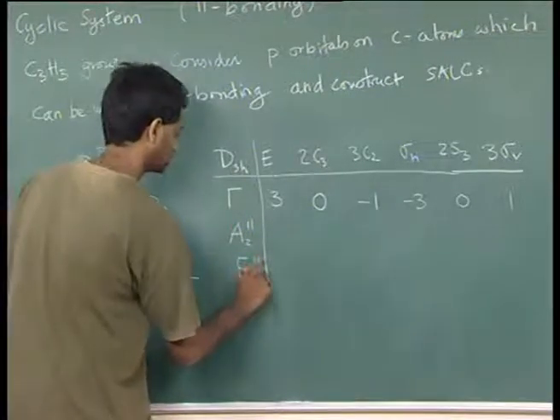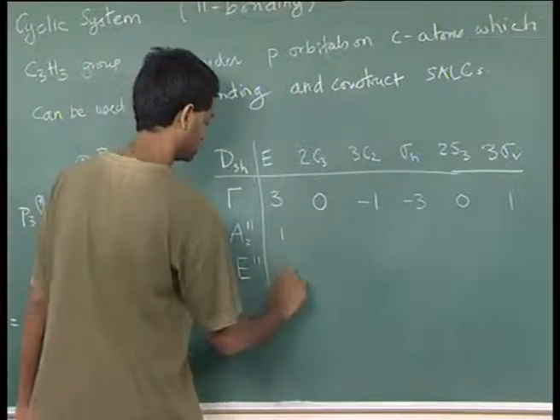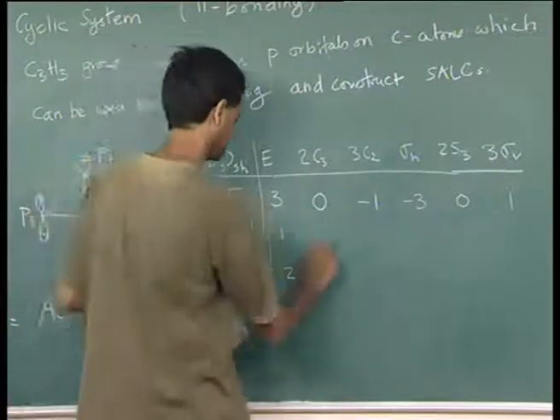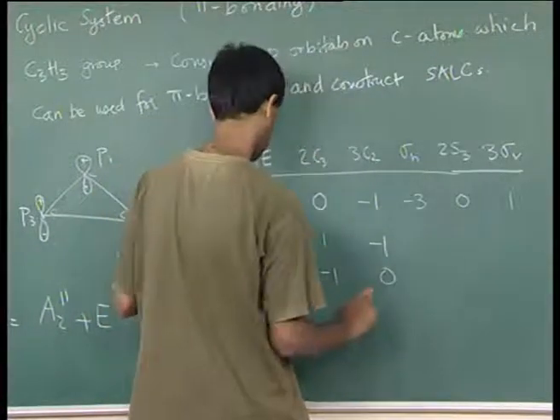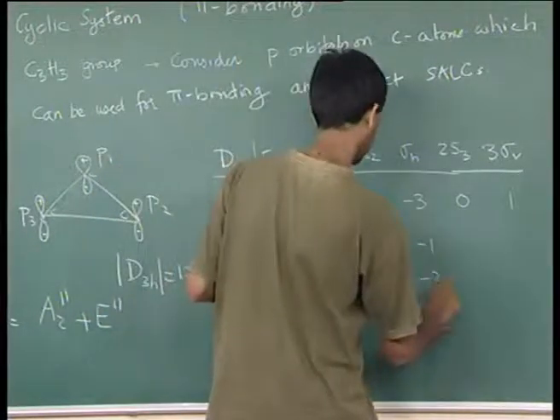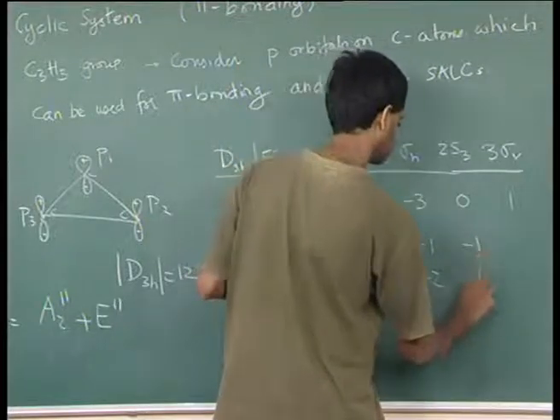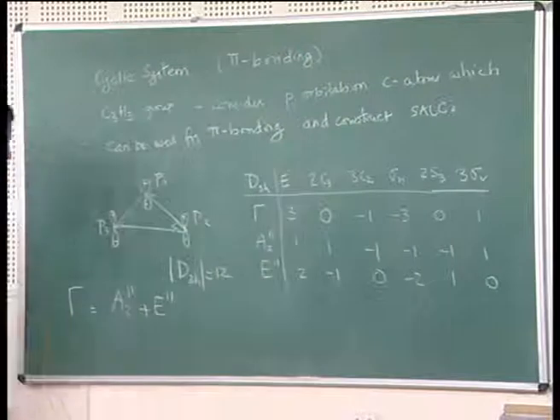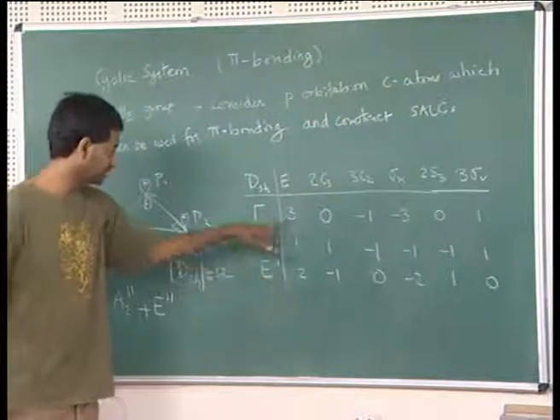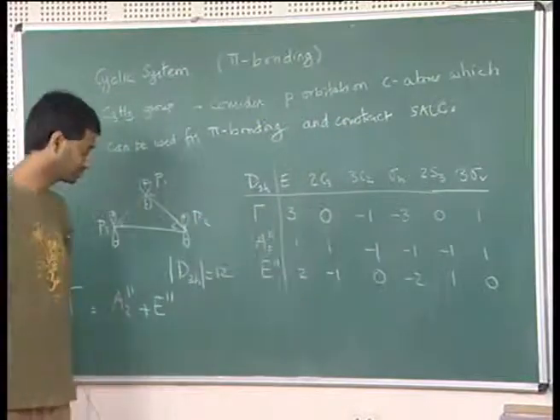So, this is 1, 1, 1, 1, minus 1, minus 1 for A2 double prime, and 2, minus 1, 0, minus 2, 1, 0 for E double prime. So you can easily verify that gamma is the sum of these two.